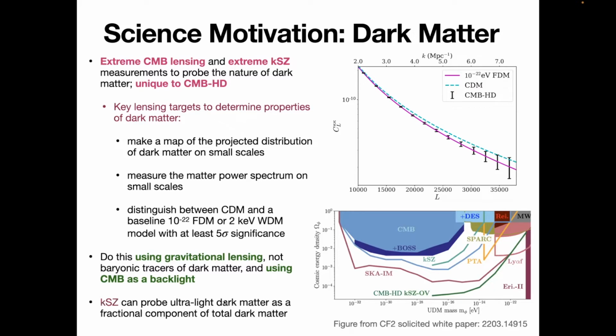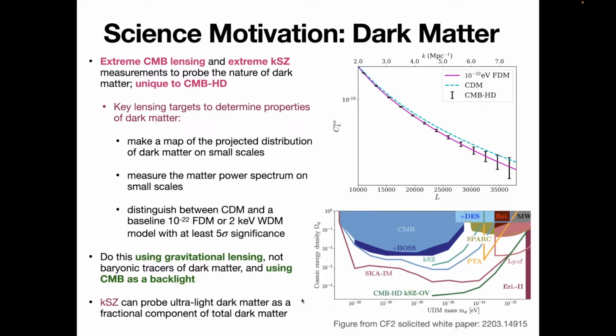And then more recently, what you can do with extreme kSZ measurements, so we'll measure the kSZ out to multipoles of 40,000 or so, has been developed. So you can probe fractional components of dark matter, such as with some ultralight scalar.